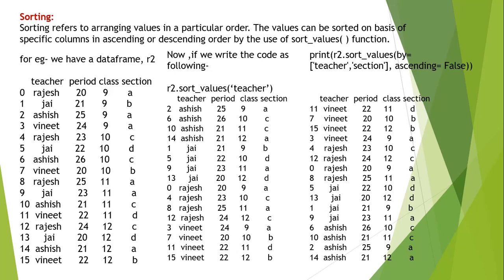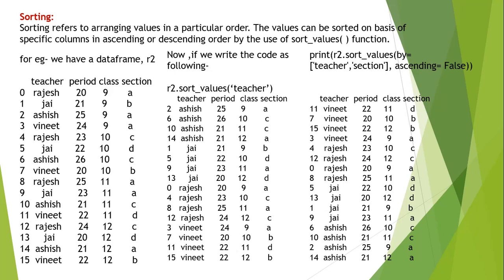Now for Vineet, the sections have been sorted in descending order. In the four entries of Vineet, the section has been sorted again. First the entries of D are shown, then B, and then A. So that means we can sort multiple columns also.